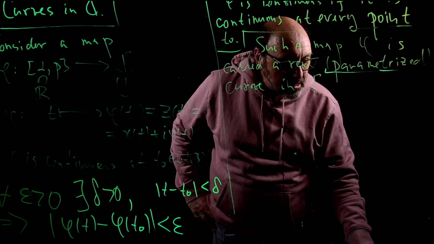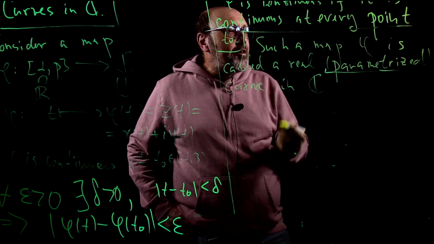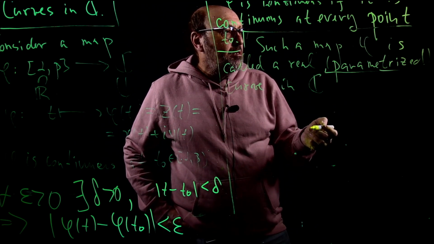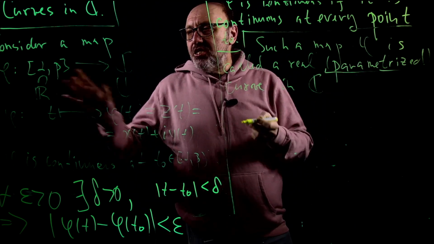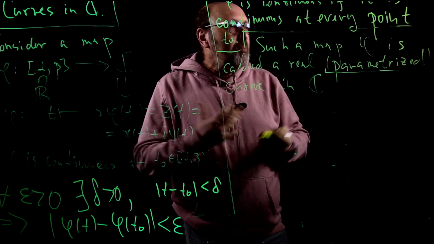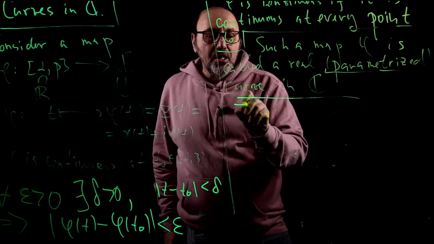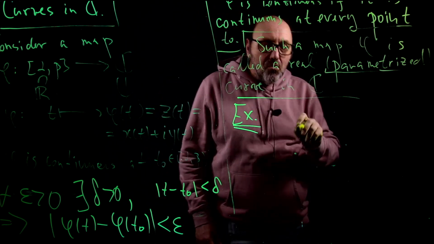Parametrized means that in our terminology a curve is not a geometric set of points of the plane. The curve is a map from an interval to C, and the image of this map is a geometric set of points. So let us consider an example, of course, which will be fundamentally important for our course.